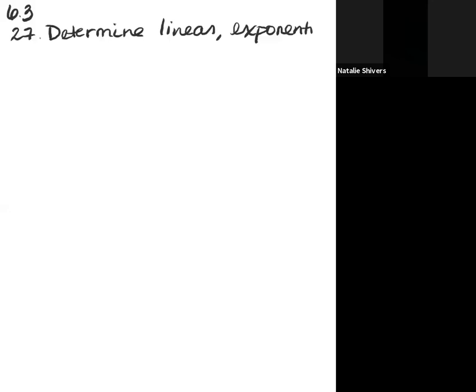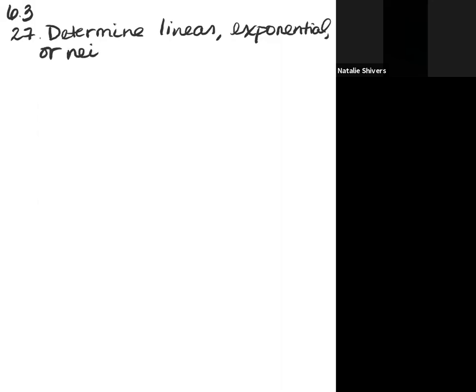All right, so we're moving on to 6.3. We're going to head towards more exponential work. Okay, so our first problem is going to ask us to determine linear, exponential, or neither.